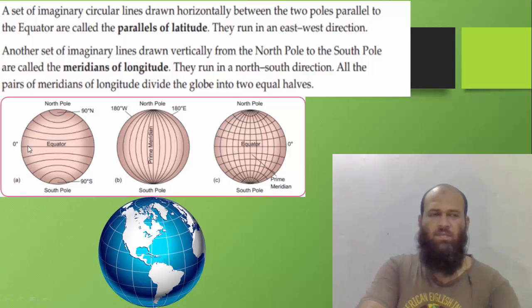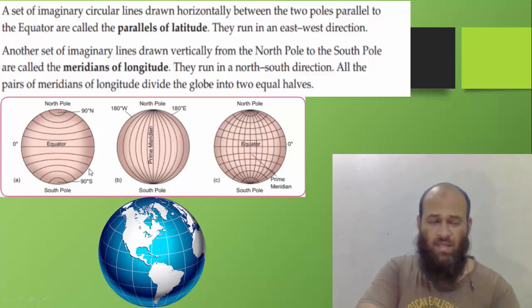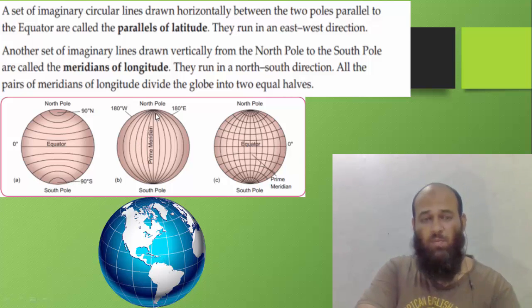You see here, this is our equator, and then you have the parallels of latitude going up to the North Pole, and then again parallels of latitude to the South Pole.